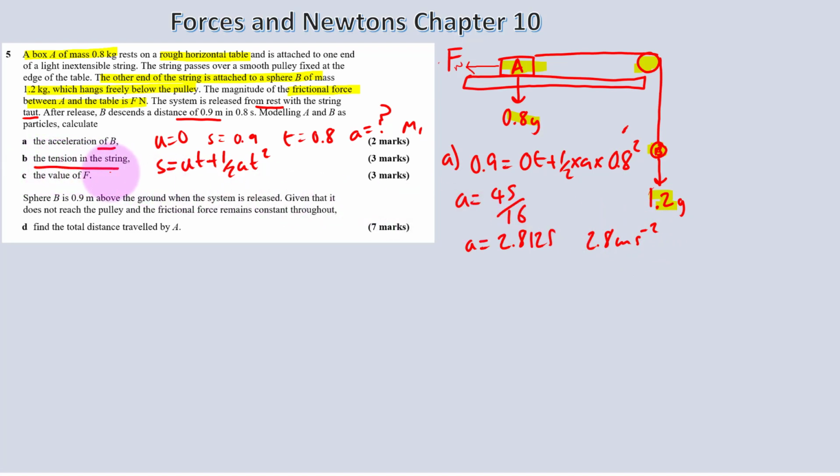B, the tension in the string. It depends where you're going to do the tension on, so let's do B. If this is going down, the tension must be acting this way.